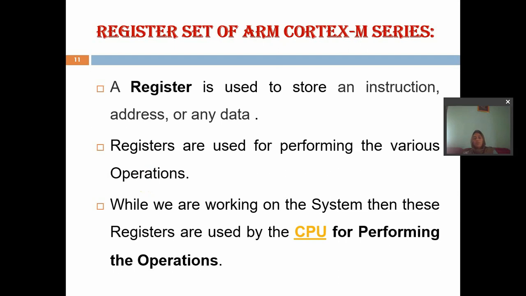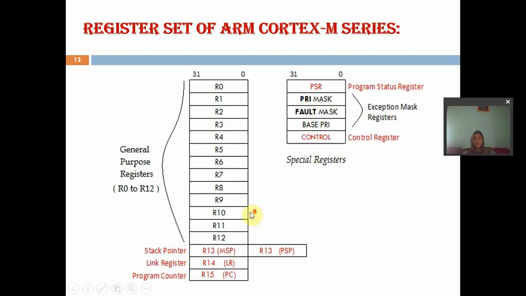We have a large number of registers in the ARM processor. Whatever operation we are doing, all the operations are in terms of registers. While we are working on the system, these registers are used by the CPU for performing the operations.